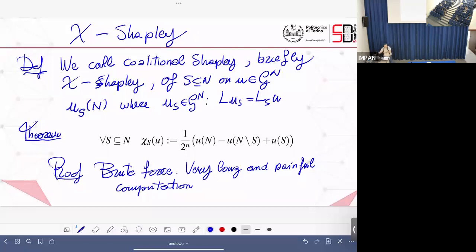So you cannot get the same value. This thing that you see here is a Shapley value, but of something else.